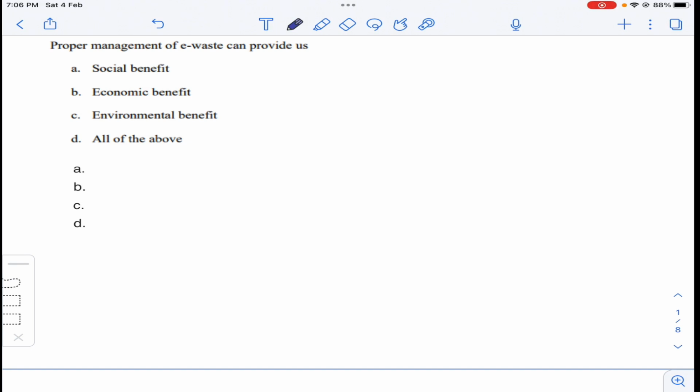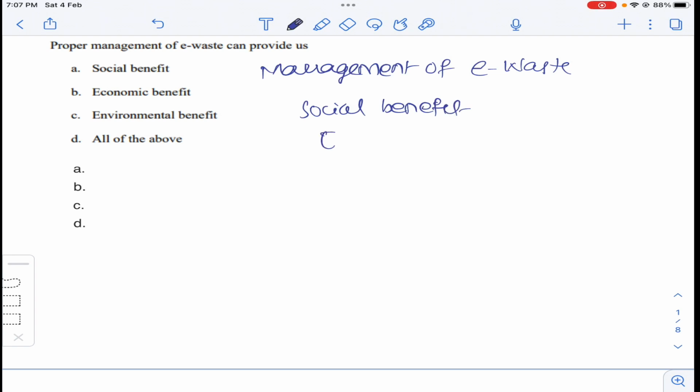So, obviously, when we are able to manage all the waste that is produced from electronics, we will get social benefit, we will get economic benefit, we will get environmental benefit. So, that is all the above. Answer D for question number 2.